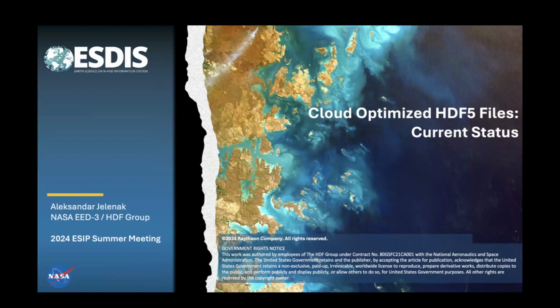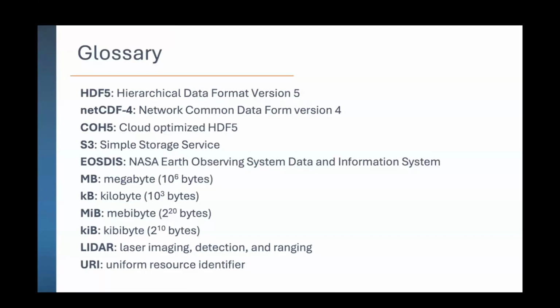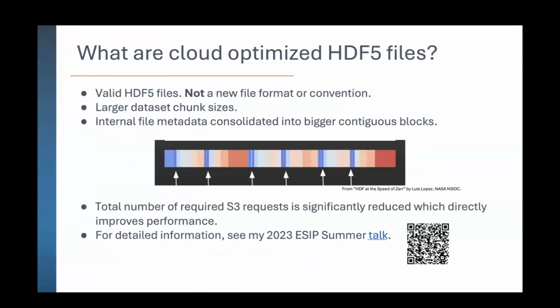And second, the HDF5 library really was not ready to provide cloud native access to those files and data. So cloud optimized HDF5 is an attempt to offer a first order solution and help NASA with what can be done to improve data access for their HDF5 files and make HDF5 still a viable choice for their missions to store data in.